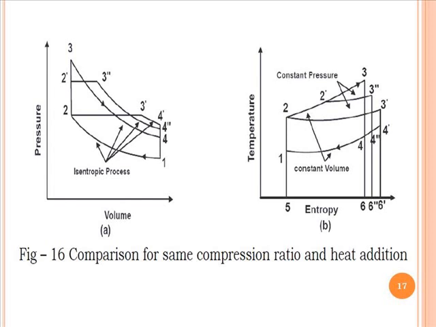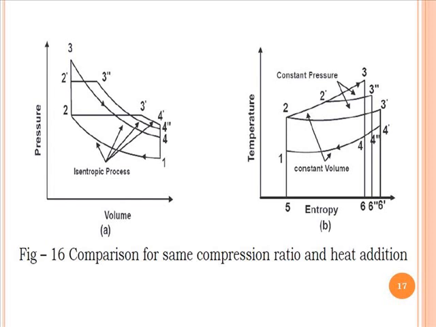So in the PV diagram, you can see the Otto cycle is represented with 1, 2, 3, 4, 1, whereas the diesel cycle is represented with 1, 2, 3 dash, 4 dash, 1, and the dual cycle is represented with 1, 2, 2 double dash, 3 double dash, 4 double dash, 1.